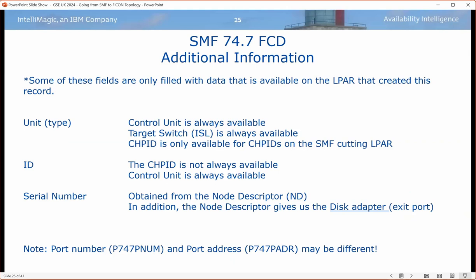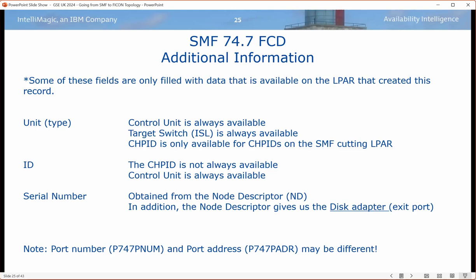So for these fields, for the unit, the control unit, well, that is available, and the target switch is available. But if the port we're looking at on the FICON switch or the FICON director is an entry port for a chiplet, it's only going to have information about the unit type for the LPAR that's cutting that record. It's important to understand.